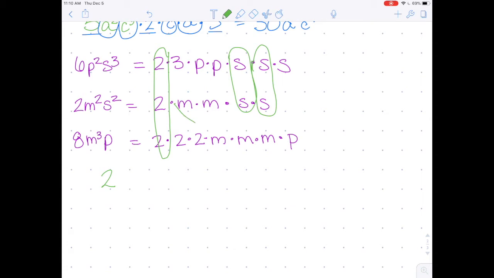We've got 2 M's and 2 M's. We've got a P here and another one down here. Okay, so we can write all of those down. We've got 2 S's, 2 M's, and 1 P. Okay, those are all the things that they share.